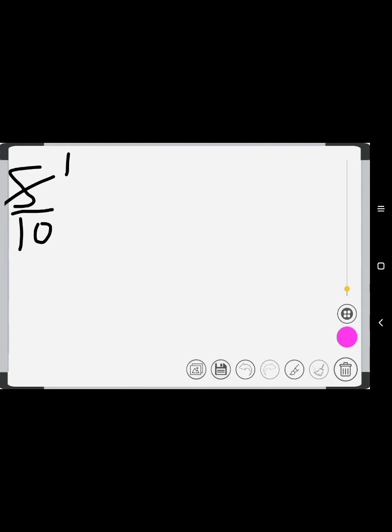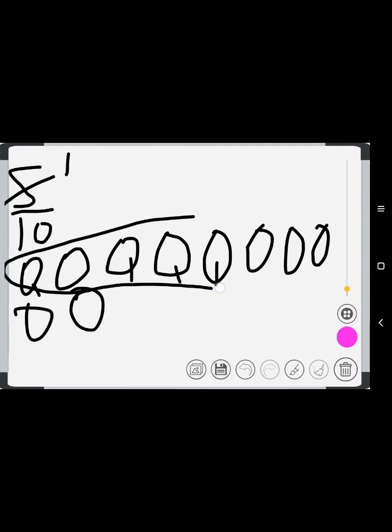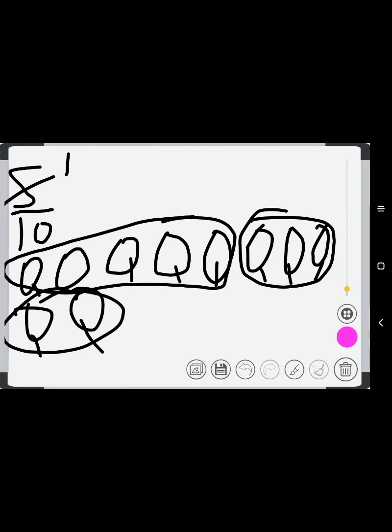So we're going to try 10. 1, 2, 3, 4, 5, 6, 7, 8, 9, 10. I'm going to count 5: 1, 2, 3, 4, 5. 1, 2, 3, 4, 5. Just remember it says 5, so just say attached, or just put together.